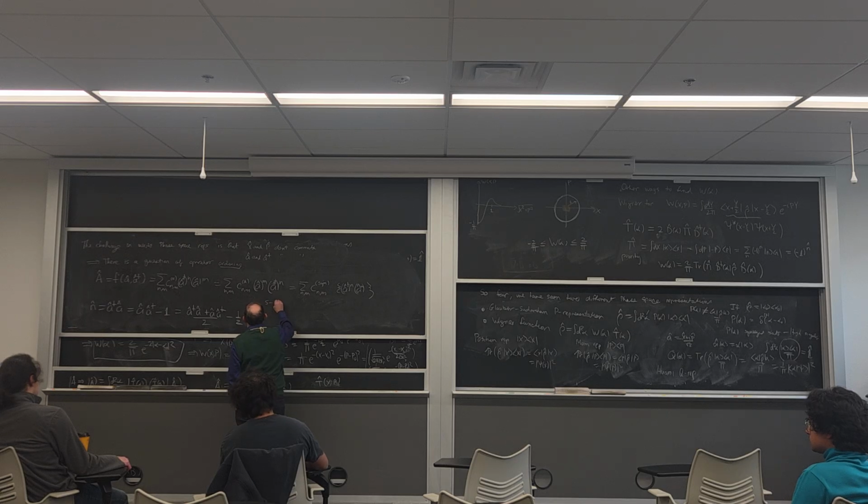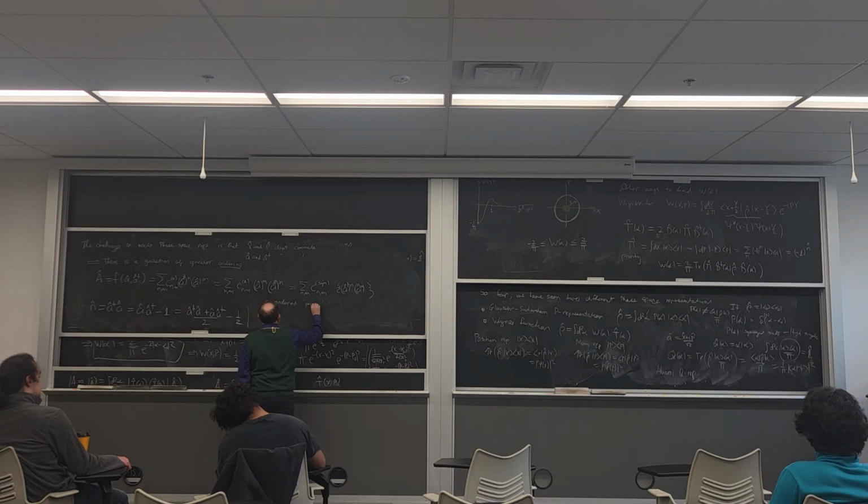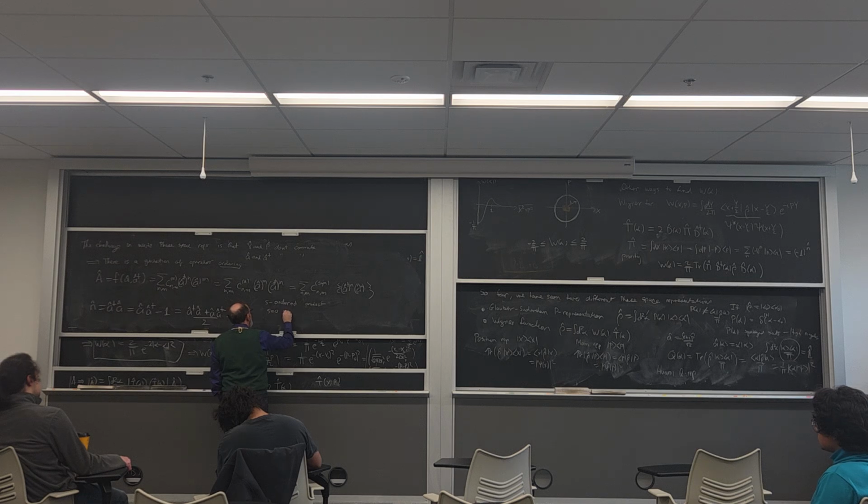We're going to have what are called S-ordered products, where we're going to call S equals 0 symmetric, for reasons that I'll say here. S equals plus 1 normal order, and S equals minus 1 anti-normal order.